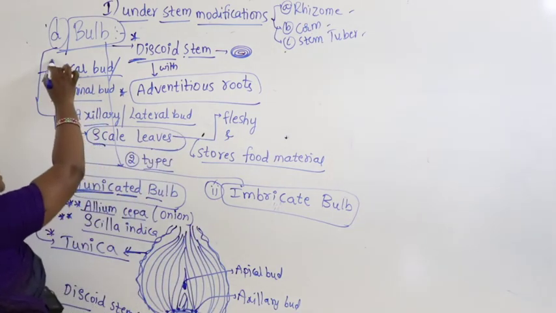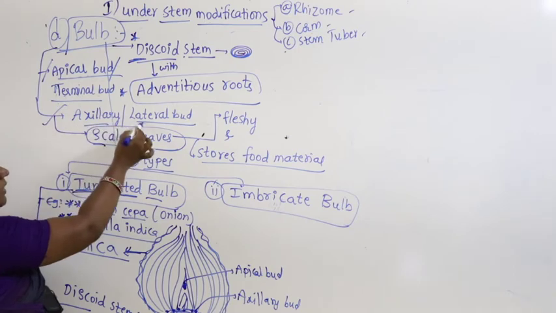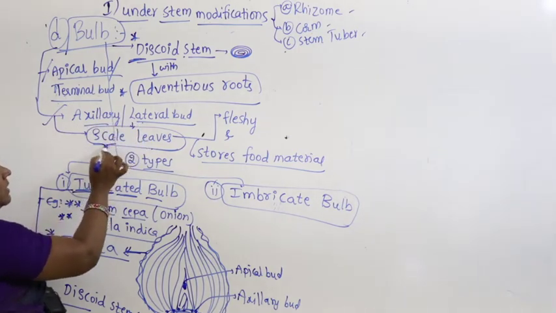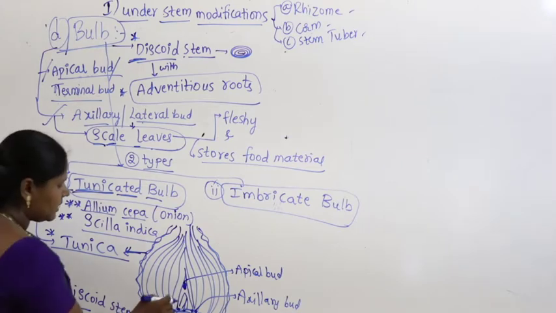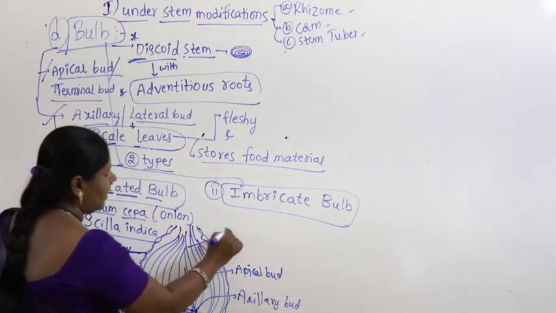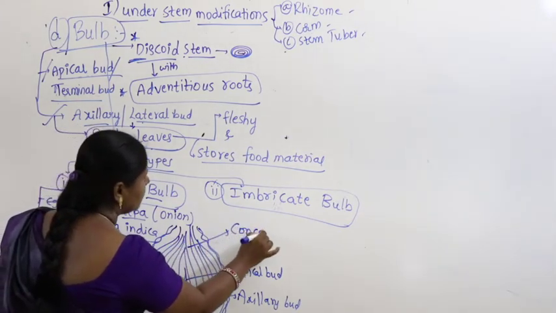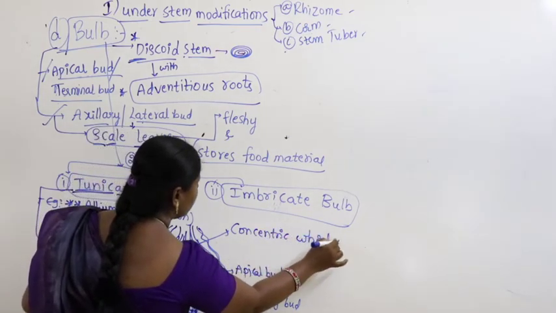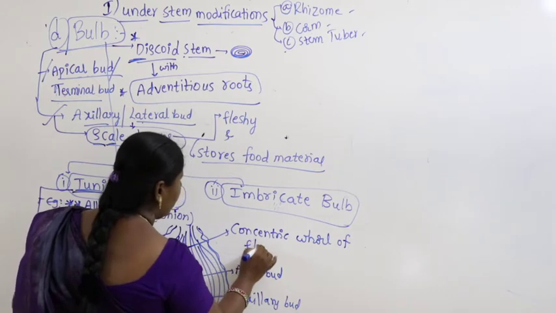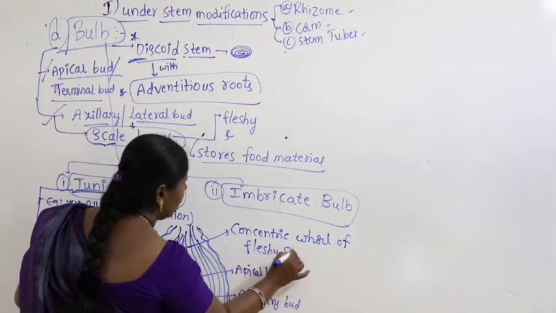The apical bud is present, the axillary or lateral bud is present, and these all are scale leaves. What are they? A concentric whorl of fleshy scale leaves.